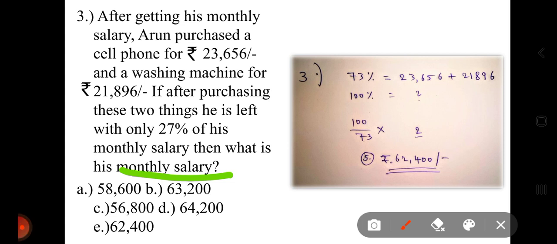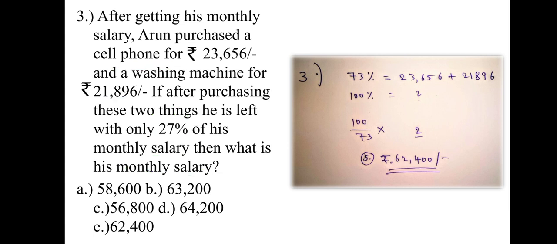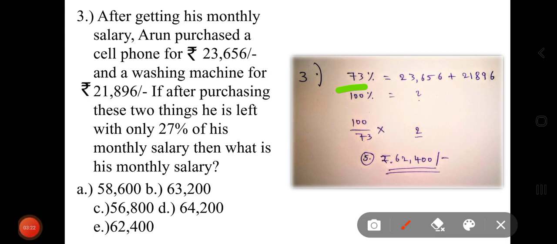Here the money which is left is 27%. Out of 100%, 27% is left. That means 73% is spent on the cell phone and the washing machine. So 73% is equal to 23,656 plus 21,896. Now we were asked to find out the 100%, that is the monthly salary.